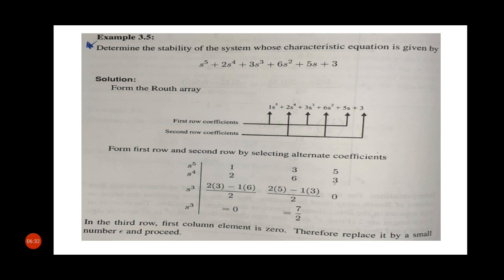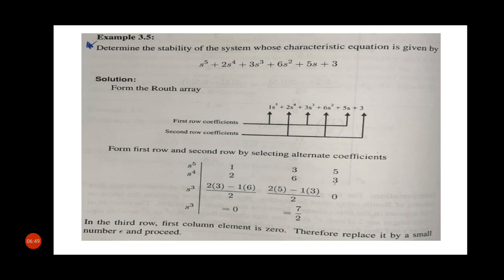See, in the third row, the first column element is 0. Therefore, we replace it by a small number epsilon and proceed.